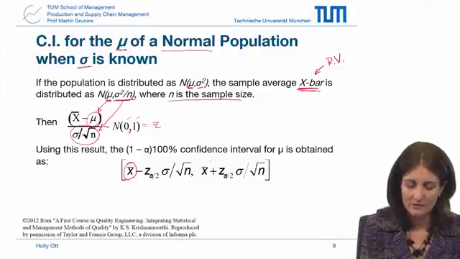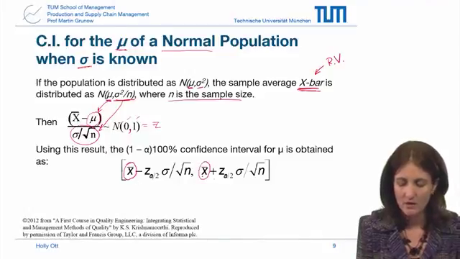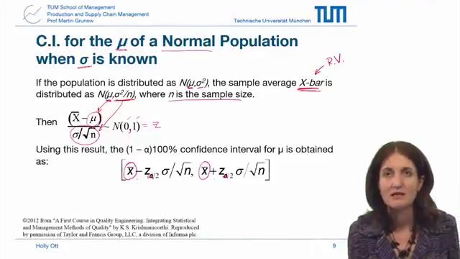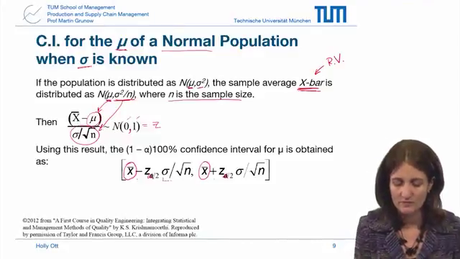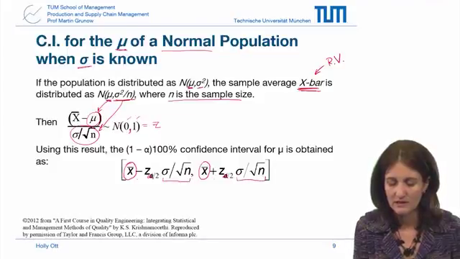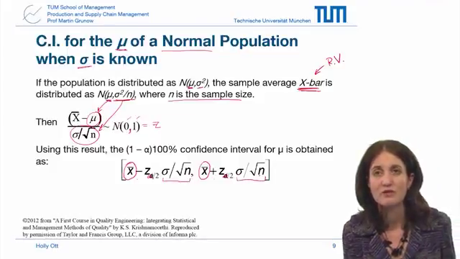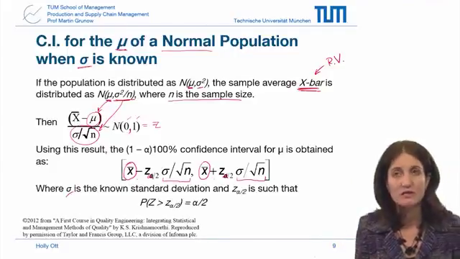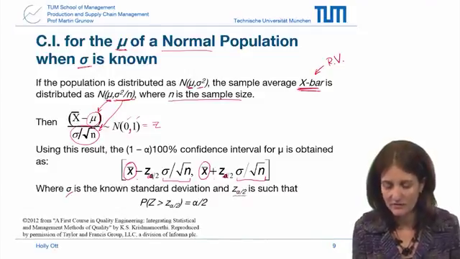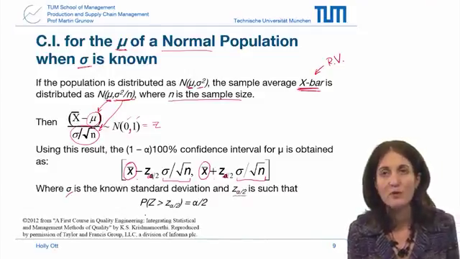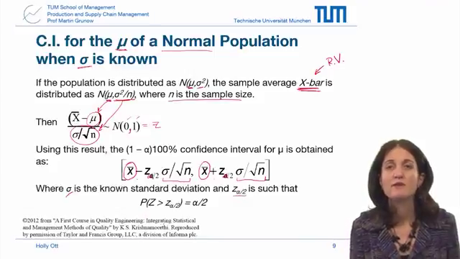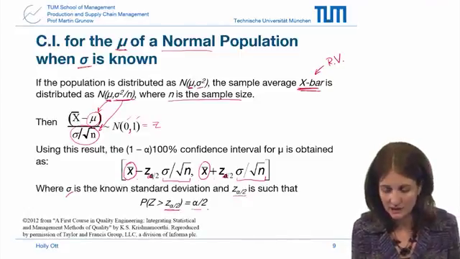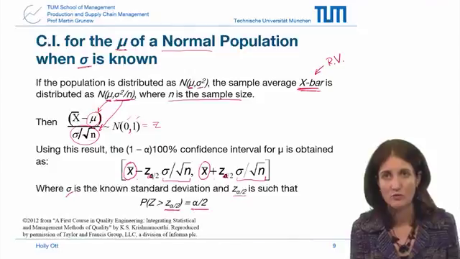Our random variable x bar plus or minus z alpha over 2 times the standard deviation sigma over the square root of n, where sigma is the known standard deviation and z alpha over 2 is such that the probability that the random variable z is greater than the z alpha over 2 value is equal to alpha over 2.